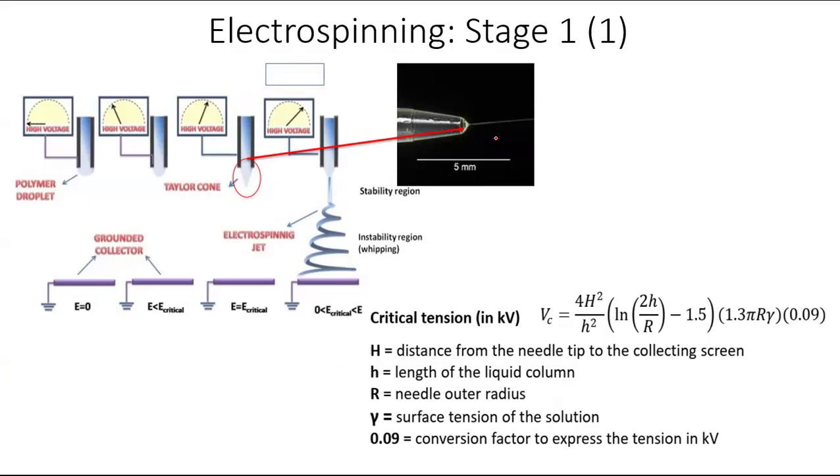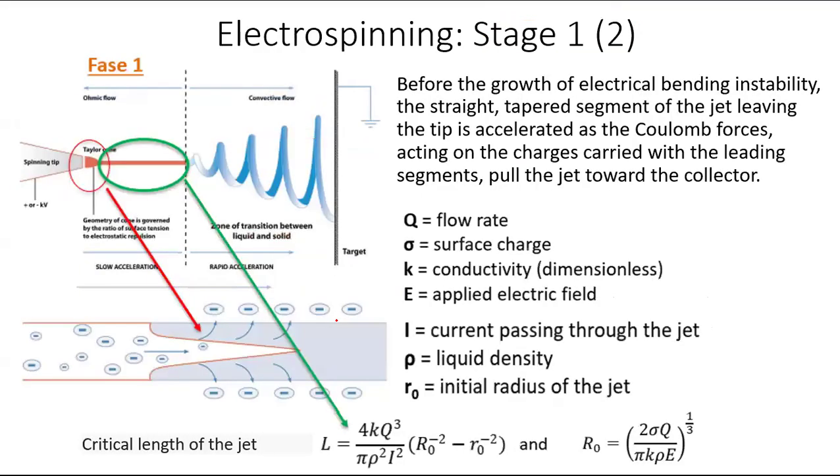The jet initiation, or stage 1, is governed by the distance from the needle tip to the collector, the length of the liquid column, the needle radius or diameter, and the surface tension of the solution. These are some of the factors which govern stage 1 of electrospinning, or nanofiber formation.